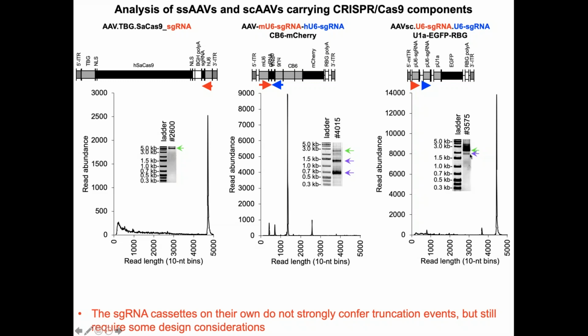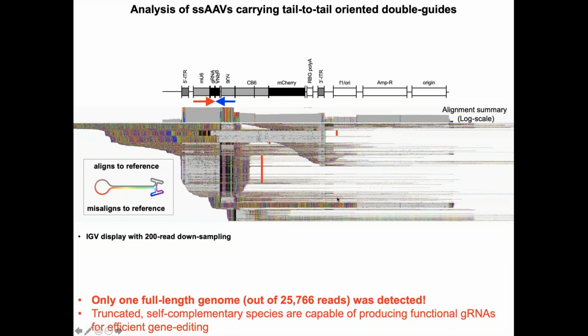Although we do see some species that appear to be truncated, this is very much reduced when compared to certain designs. So once again, on their own, guide RNA sequences don't cause truncation events, but this is really dependent on the design strategy that is employed. One very interesting aspect of this study actually came from a postdoc that was working on this work.